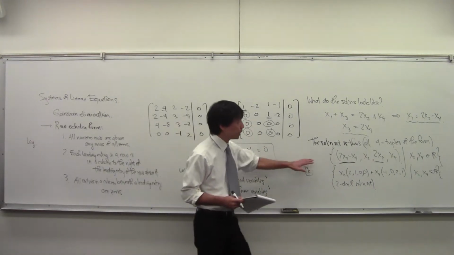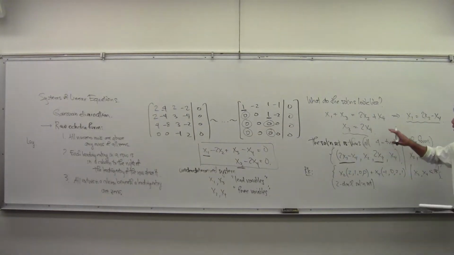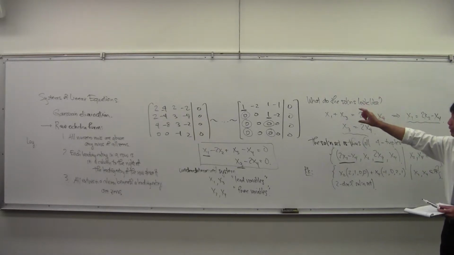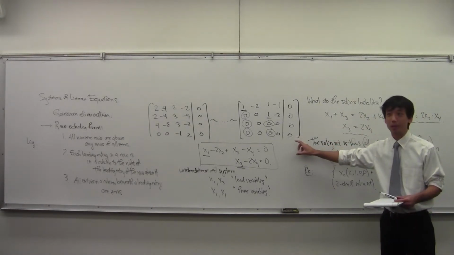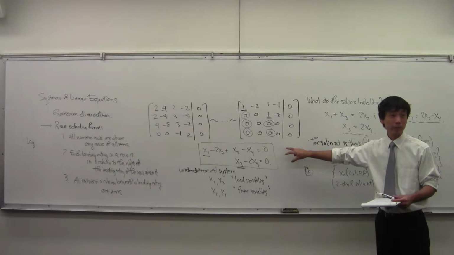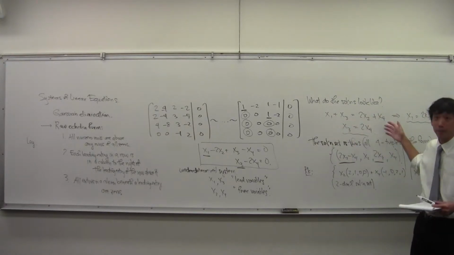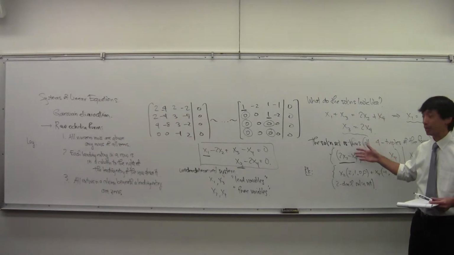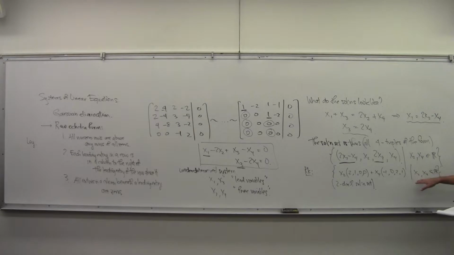Okay, but if that doesn't make any sense to you, that's okay. It'll make sense later. The main thing is to see that you've got this system. It didn't reduce to triangular form, but in fact it reduced to something better for us. Triangular form would have given us one solution, and here we end up with infinitely many solutions. Anything that looks like this would be fine.